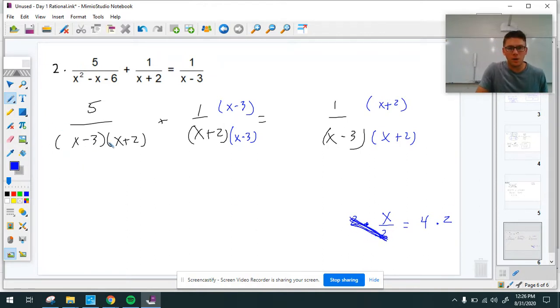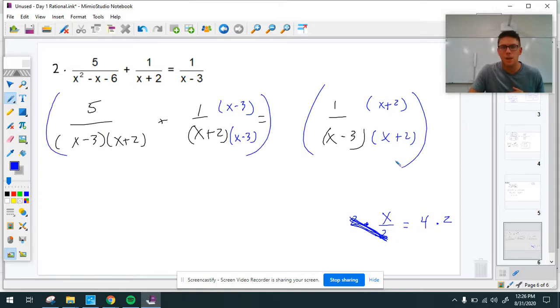So we are currently dividing everything by what you see here. So what we could do instead is we could multiply both sides by the common denominator, and that way we could get rid of that fraction that we have. So if we do x minus 3 times x plus 2, and we multiply it on both sides of this equation, what we're going to notice is that the denominator goes away, just like it did in this very basic example.